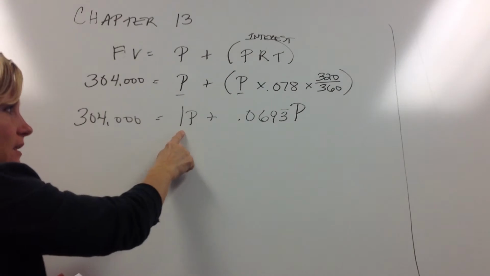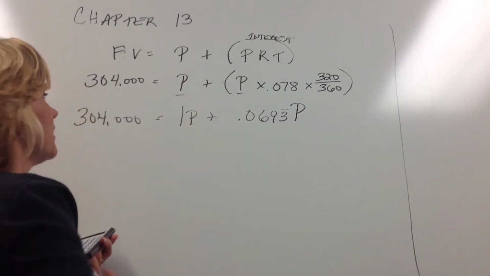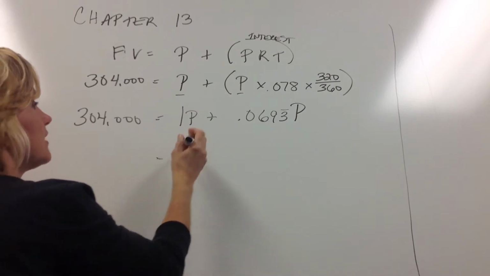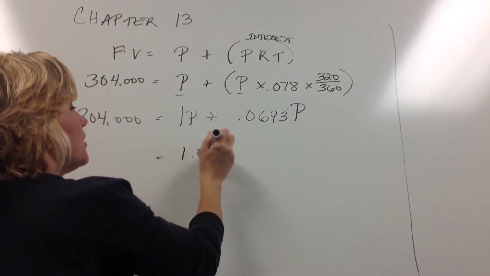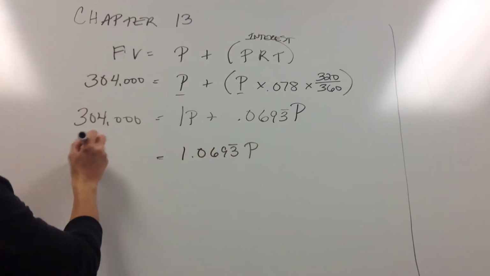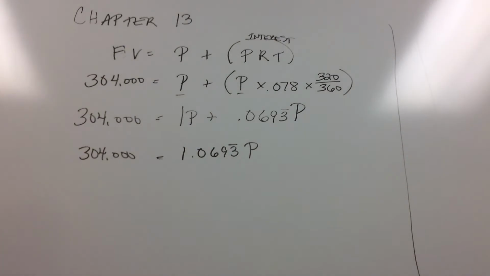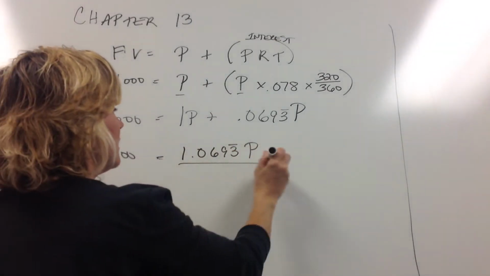Sometimes students forget that, so leave that one whole P there. So basically you'll end up with 1.0693 times our P equals that 304,000, which is our future value or maturity value.